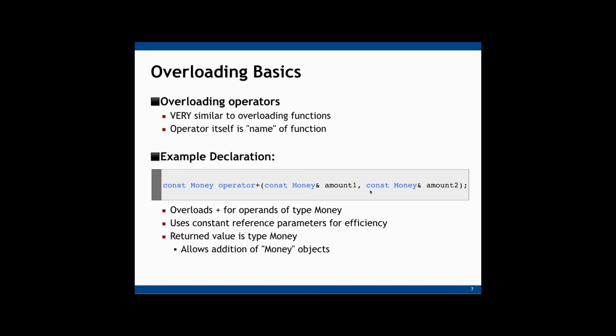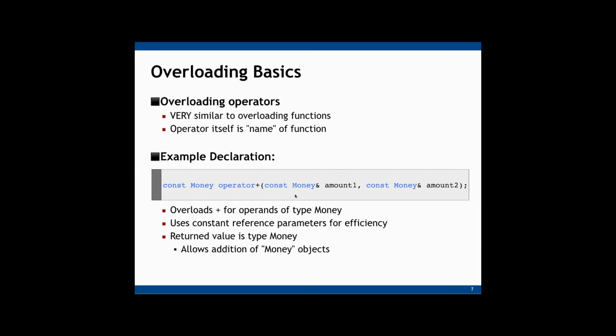And they can be call by value or call by reference parameters, and may have a const modifier or not. But as we learned in the previous weeks, using call by reference is more efficient for class types. So we are using a call by reference parameter here with the const keyword.